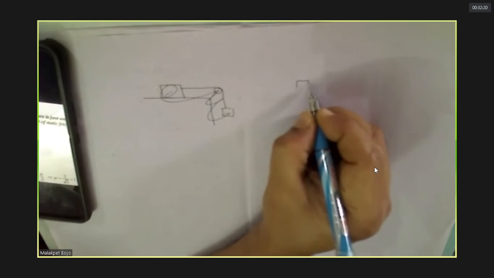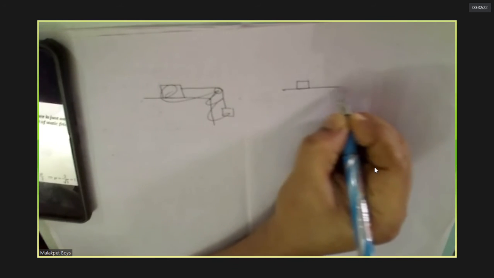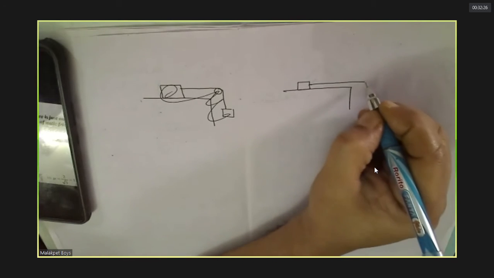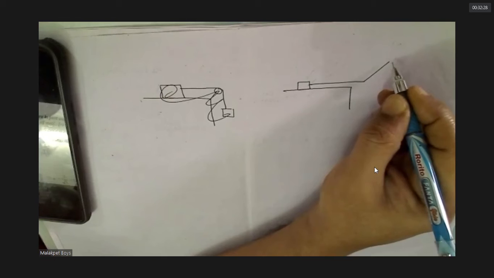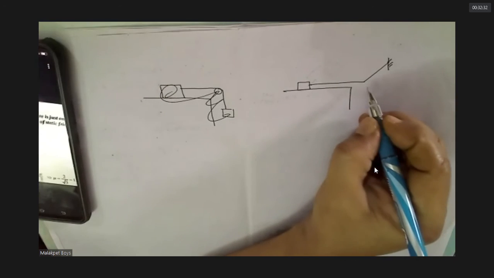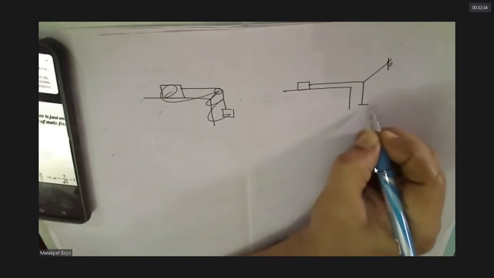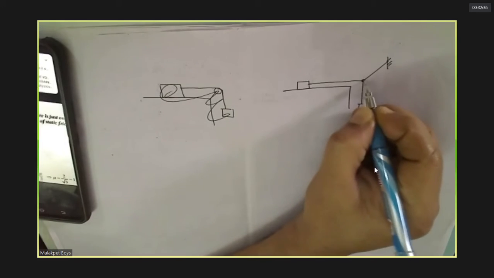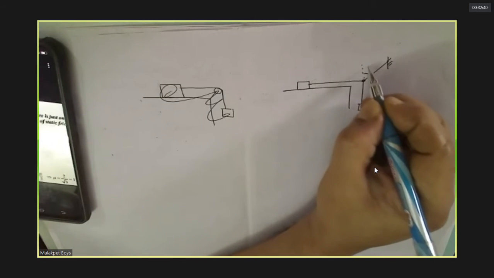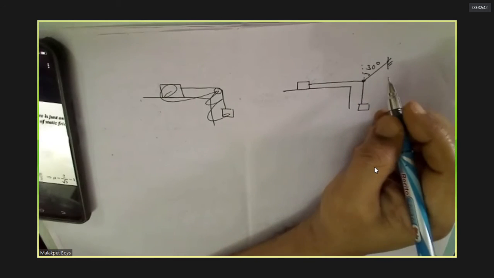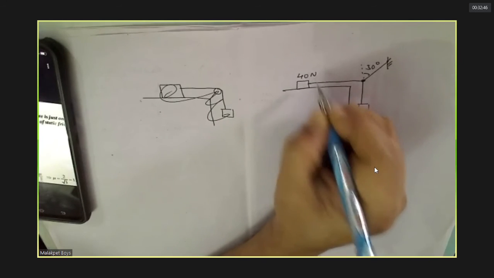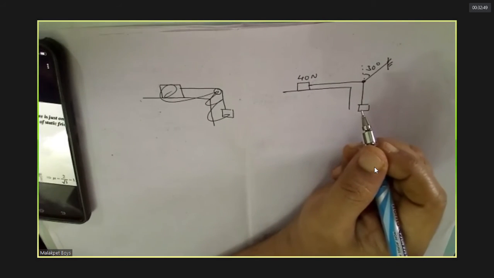There is no pulley. The string is connected with another string. They are knotted like this. He gave 30 degrees. This is 40 Newton. What is the other one?